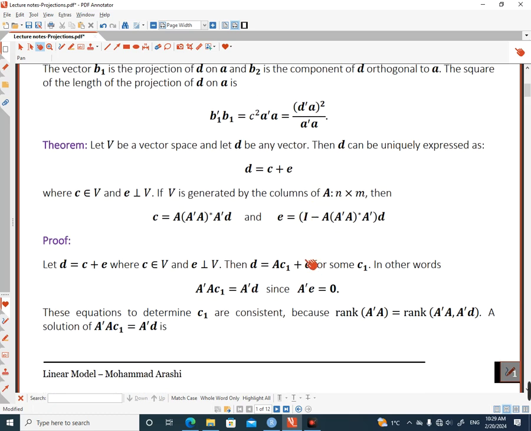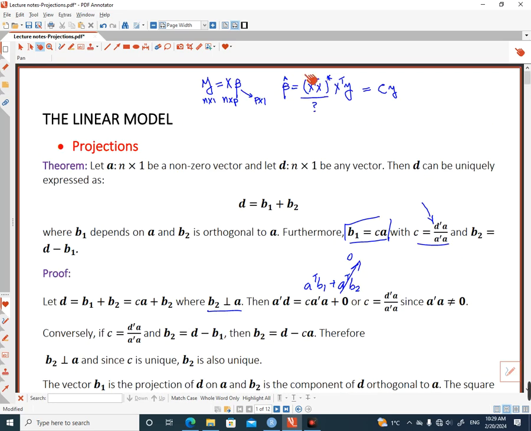Now let's get a little closer to what we need in linear modeling with respect to projections. We have another theorem. Suppose V is a vector space and D is any vector. Then D can be uniquely expressed as D equal to C plus E. Once again, we want to solve this problem.